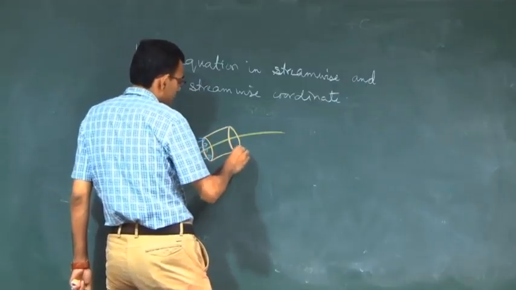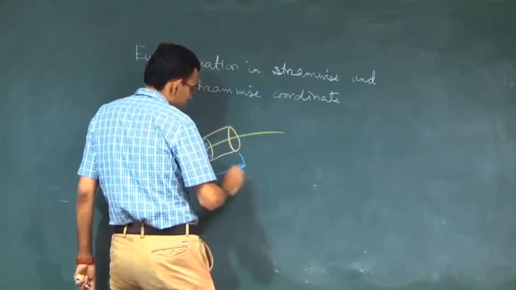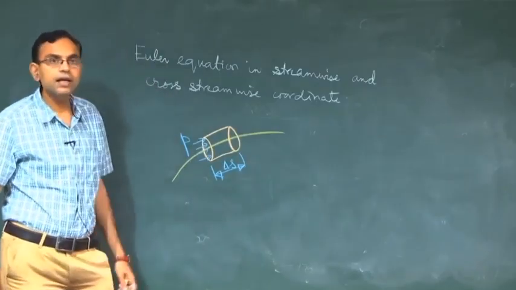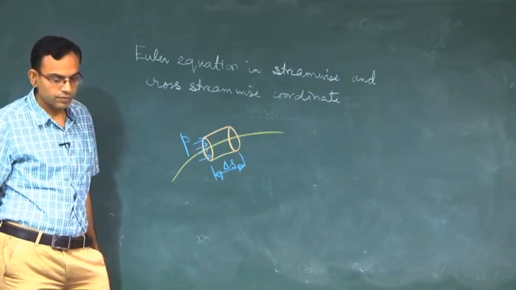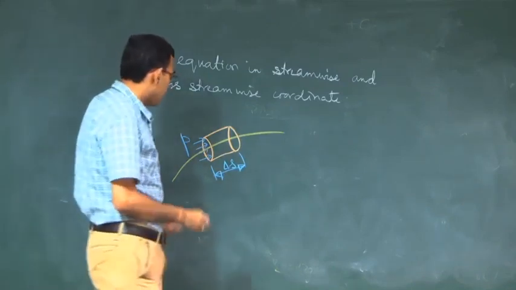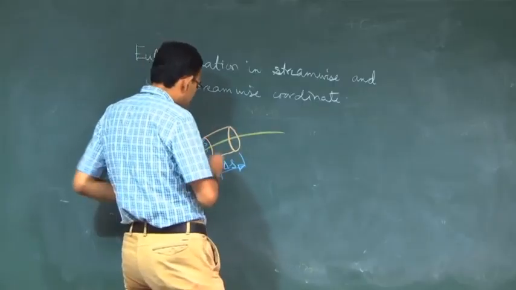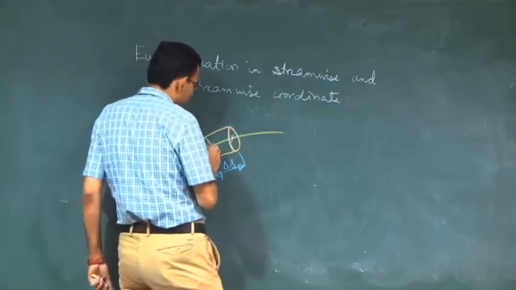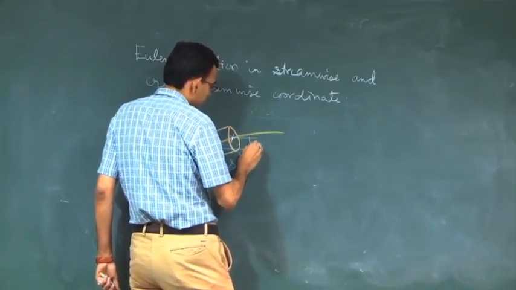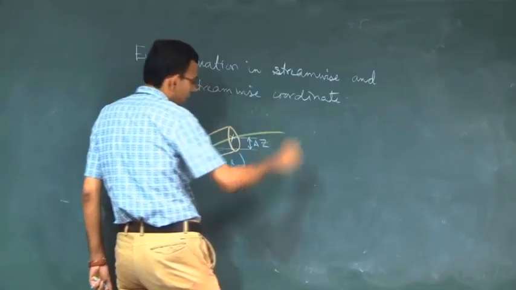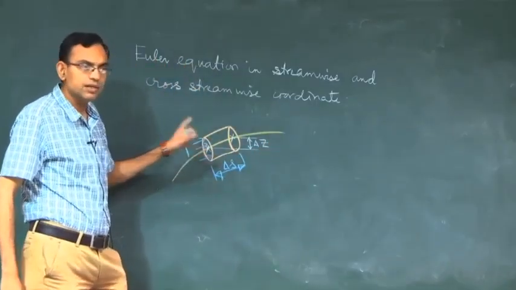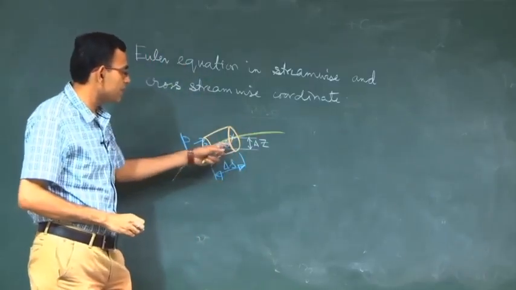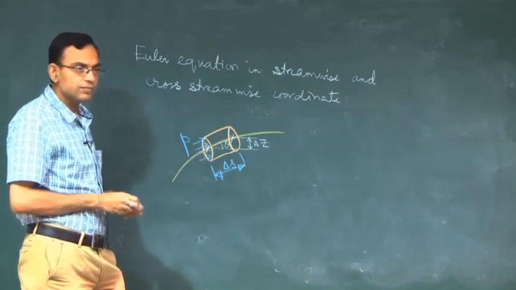So, this is P. Let us say that this distance is delta S, and let us assume that the difference in vertical elevation between these 2 points is delta Z. These 2 points are the centers of the 2 sections, and this angle is theta, which is the angle between the horizontal and the axis of the cylinder.